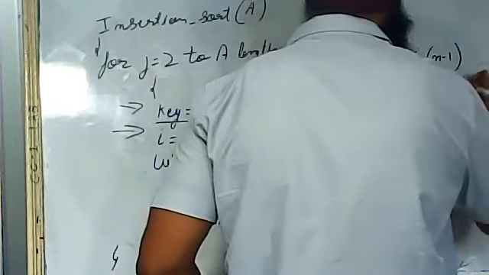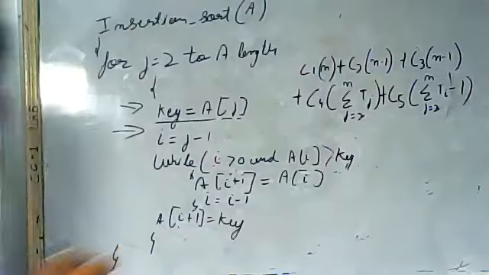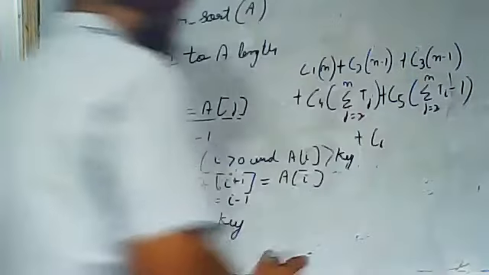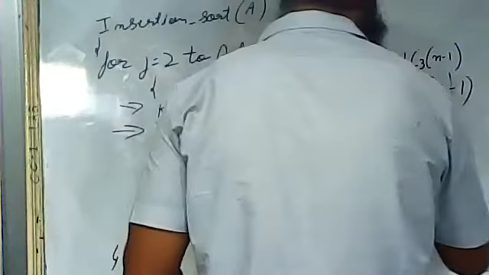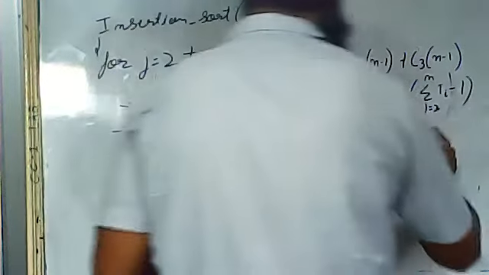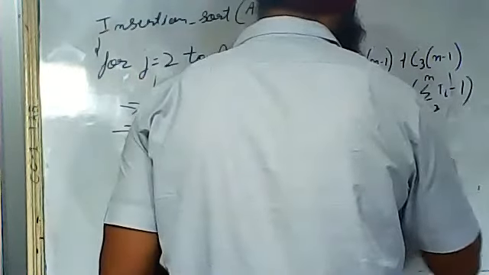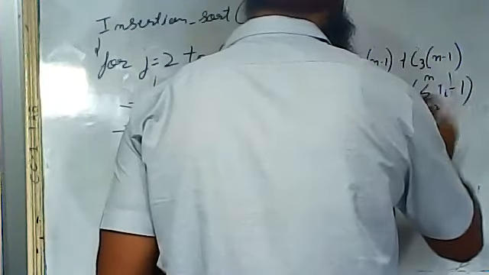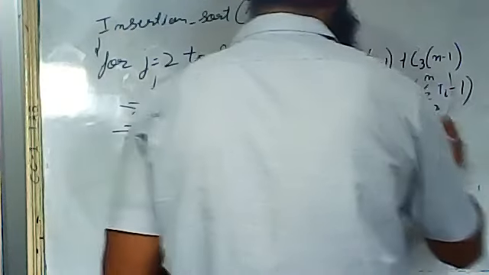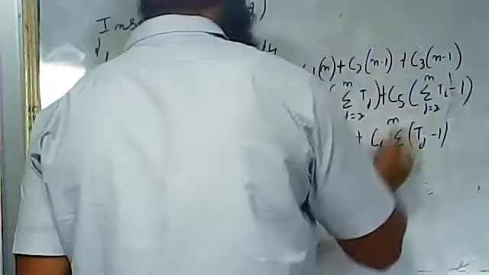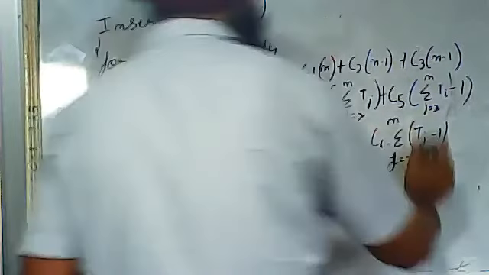This much time will be taken by the inner part. Plus C6, and at C6 also we have written, if you have noted it down, summation from j equals 2 to n of t of j minus 1. That is the inner part of this while loop. We multiplied with the constant time taken at each step.